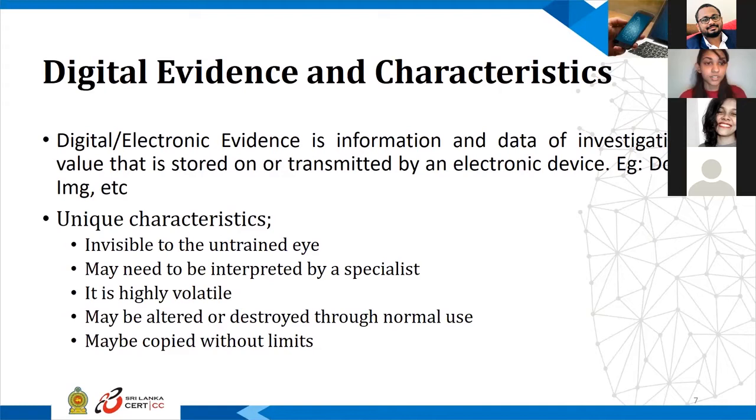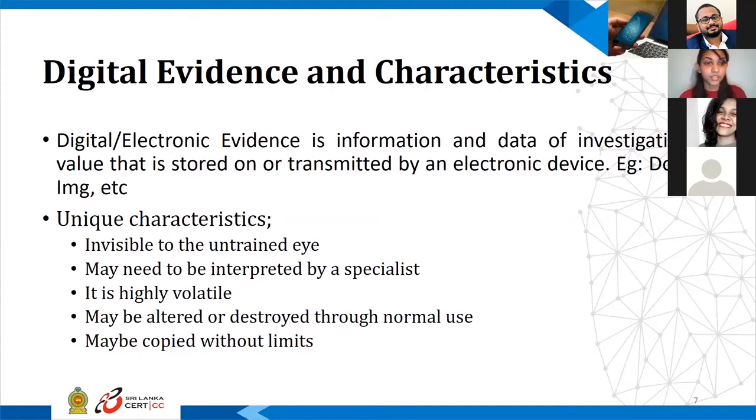The fourth point is maybe altered or destroyed. This means that when we collect the evidence, we should always handle it very carefully. Evidence is very fragile. Even if you're transporting, there can be ways that it gets damaged.